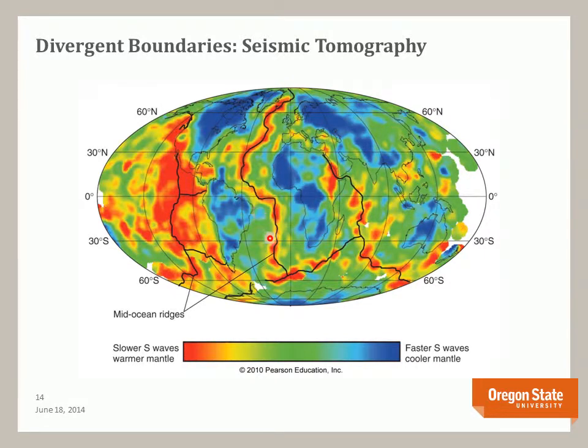Oceanic ridges and a continental rift valley over here in Africa are warmer because the asthenosphere is welling up there, and continental areas, which are thicker and colder, are blue and therefore a little bit on the colder side. Now, this model here is developed through thousands and thousands of computer hours and manipulation of data in a very complex process, but produces this very nice graphic that once again supports our ideas about divergent boundaries.